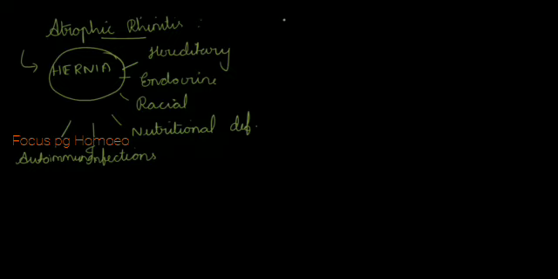Then regarding the pathology, so here why it is happening, that was the question. So basically the linings were of columnar epithelium. Okay, in case of columnar epithelium, we will be having glands and secretions. Everyone knows that.